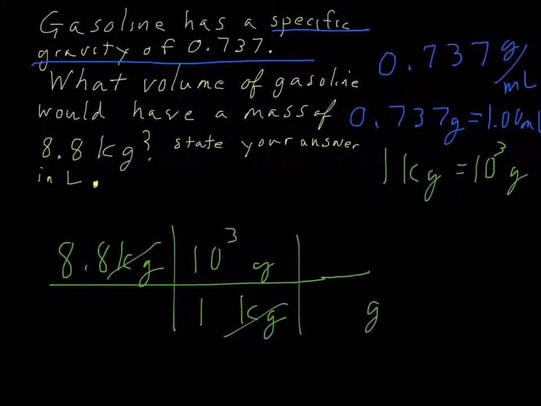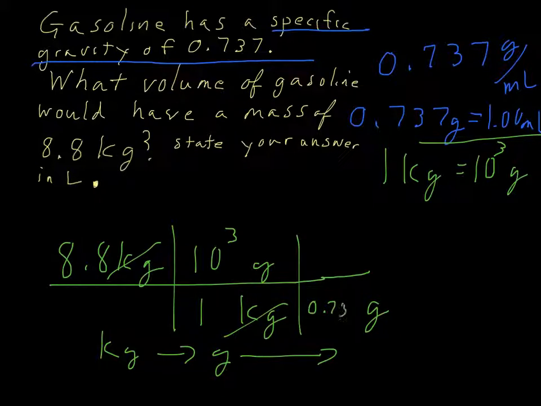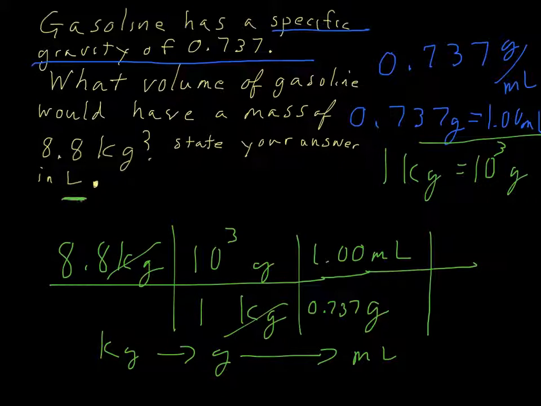I don't want units of grams though. So now I'm going to have to get rid of my grams. The thing I know about grams is the relationship to milliliters. I know that 0.737 grams of gasoline is equal to 1 milliliter of gasoline. Now, we're not asked to solve for milliliters of gasoline, we're asked to solve for liters.